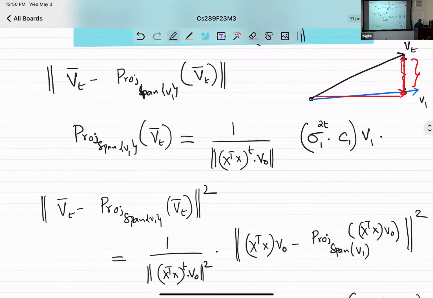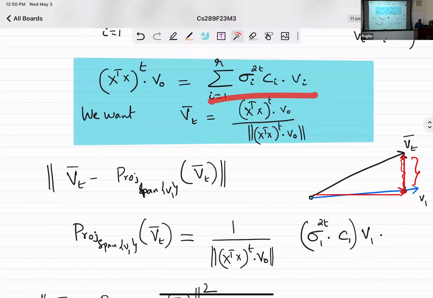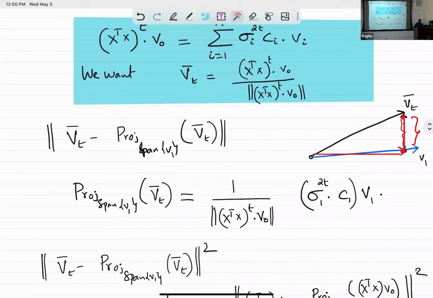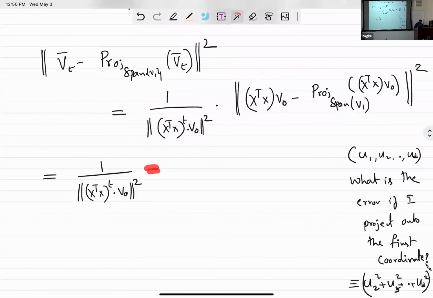The same thing is happening here. This is an orthonormal basis, v1, v2, and so on. They're an orthonormal basis. And I'm saying, okay, project out the first thing. And what's the error going to be? Sum of squares of the contribution of the remaining things. So this is exactly from 2 onwards now. Let me emphasize that.